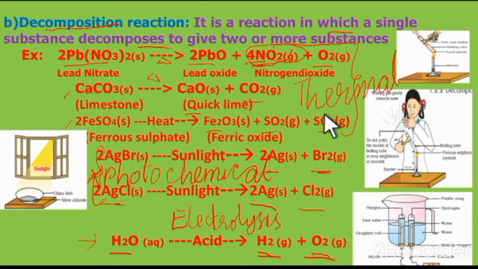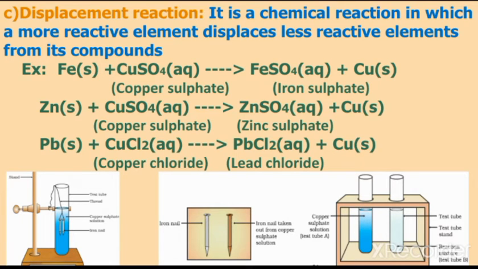It may be thermal energy, that is heat energy, or photochemical energy, that is sunlight, or electricity. So based on these, they are further classified as thermal decomposition reactions, photochemical decomposition reactions, or electrochemical decomposition reactions. Next, the third type of chemical reaction, which is displacement reaction.